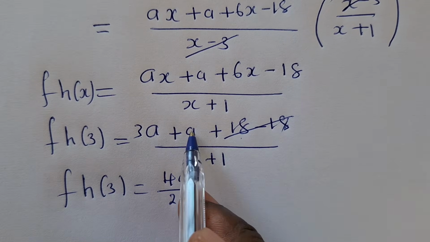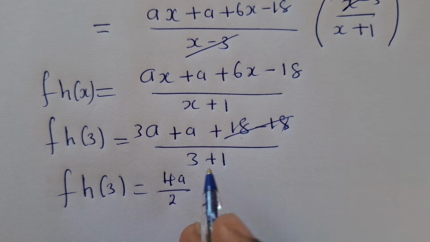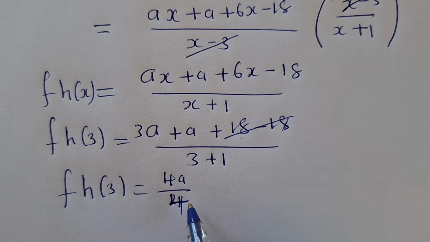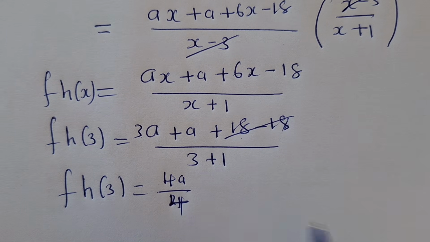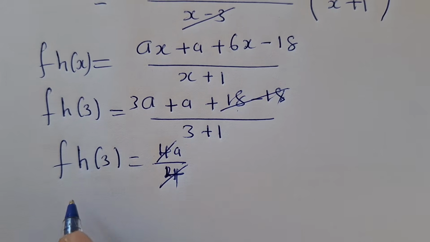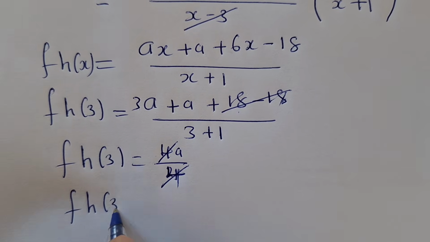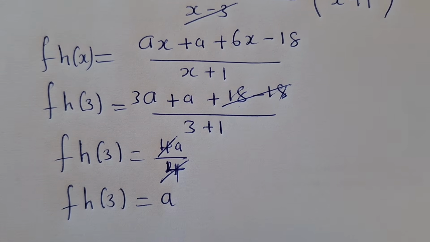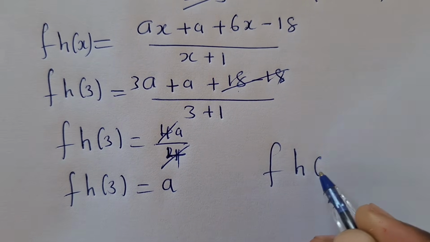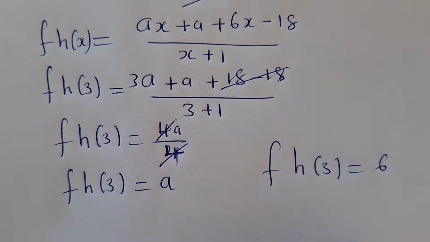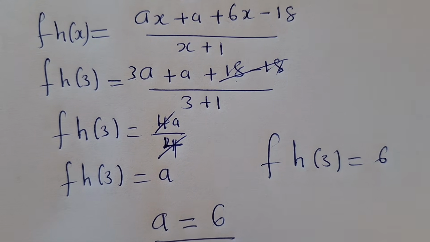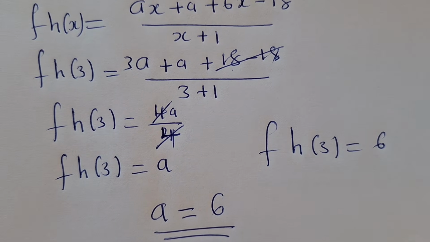So 3a + a is 4a, and down here, 3 + 1 is 4. So once we get this 4, we can cancel out. So our f of h of 3 is equal to a. And they have told us that f of h of 3 is equal to 6. So we can equate a is equal to 6. So the value of a is equal to 6.